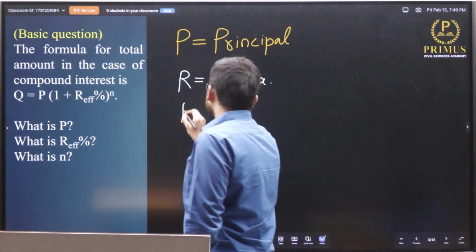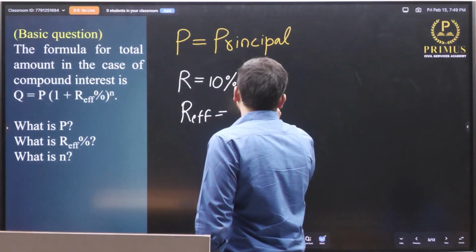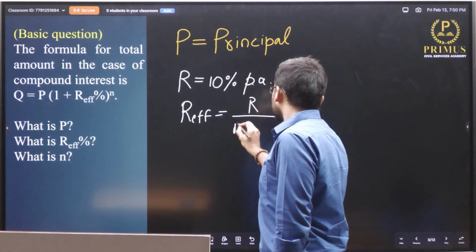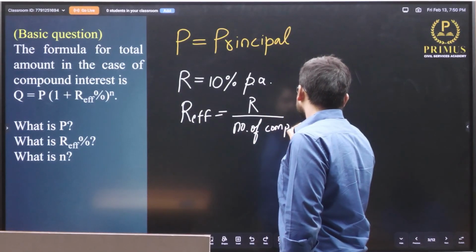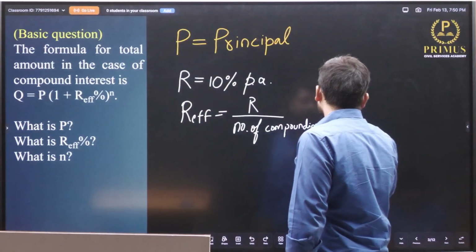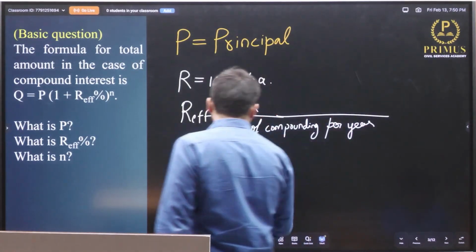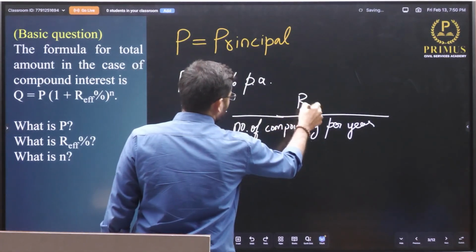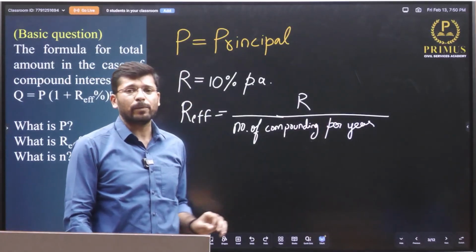So R effective is given by R divided by number of compoundings per year.